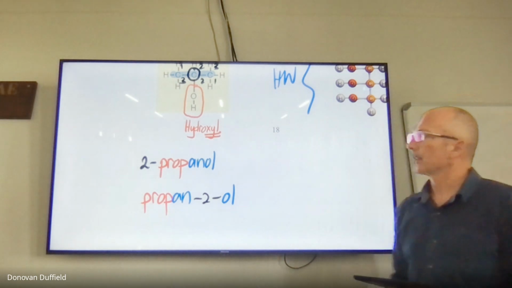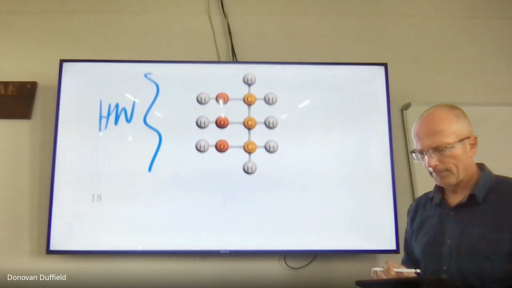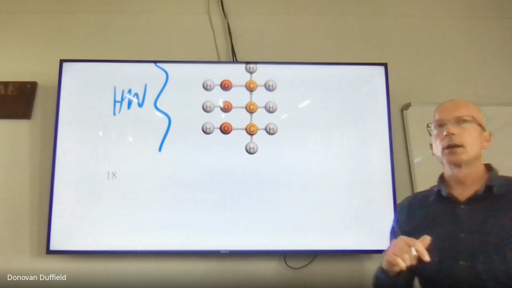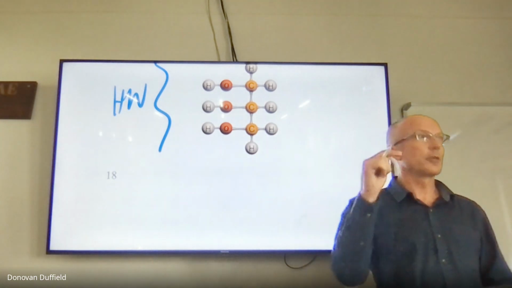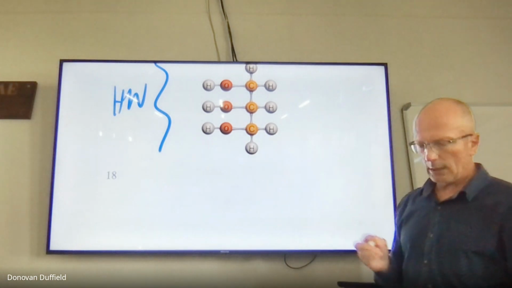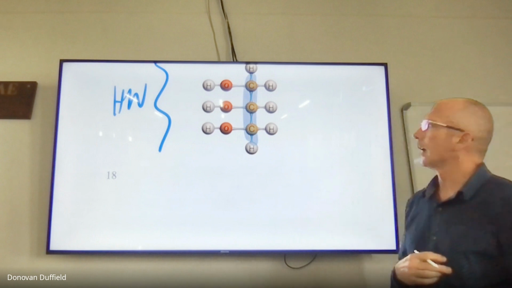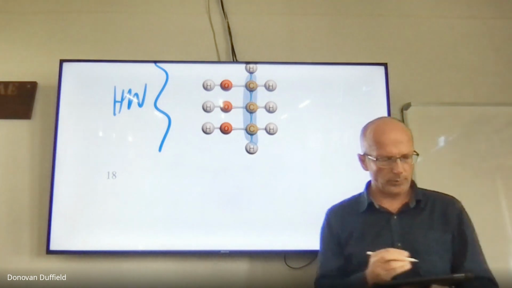All right. Now, let's look at this one. Here, we want you to use the convention that I prefer to use. Looking here, the longest chain has got 3 carbons, meth, eth, prop.